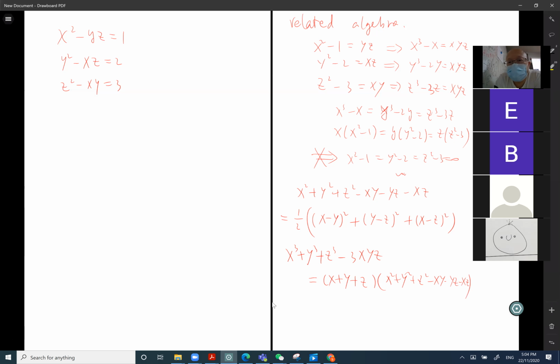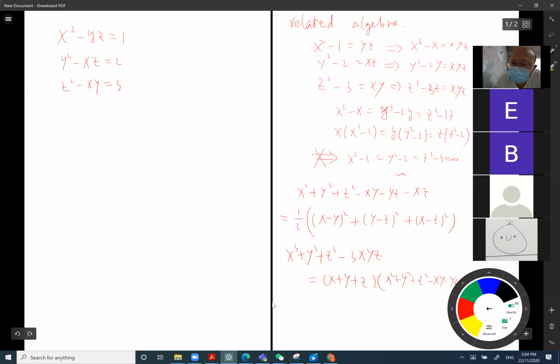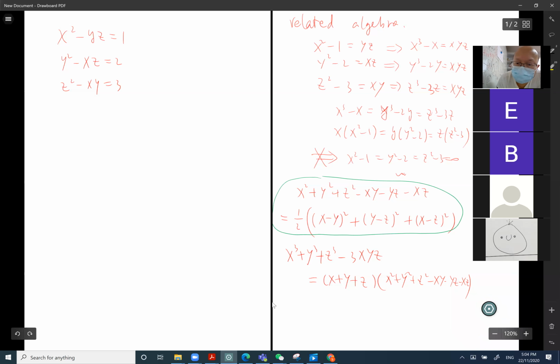Those several formulas I wrote here look like a similar form to this question. But when we do this question, we didn't use those.